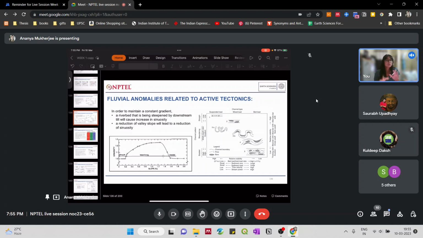So the sinuosity ratio also depends on the user-defined values that you're taking. So sinuosity is, I think, a comparative measure. It gives you an easier way to understand how the interrelation between the sediments and the slope gradient is taking place.